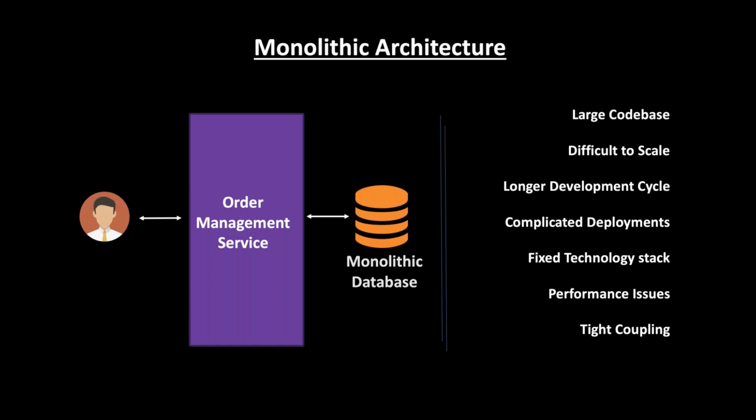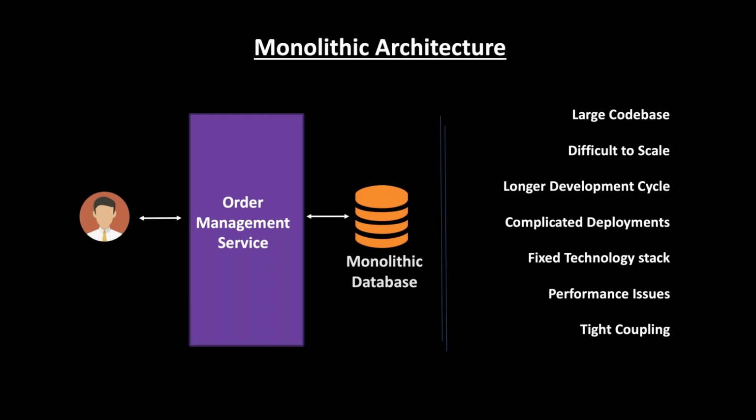The first one being the code base is huge, right? We have added a lot of technical debt on the application side, on the database side, and the code is tightly coupled. So it's very difficult to scale those applications based on the new business requirements which you might be having.